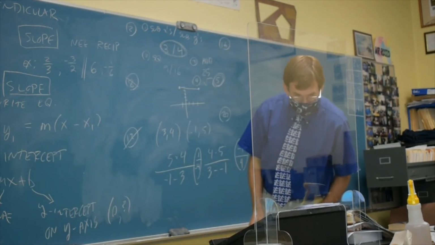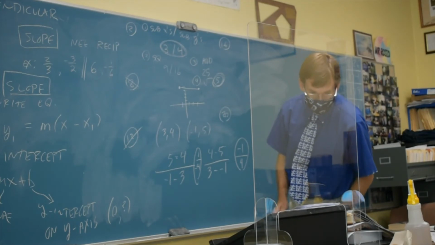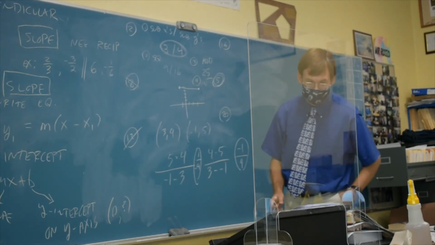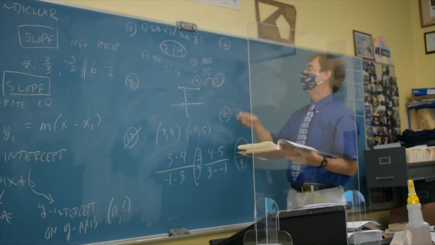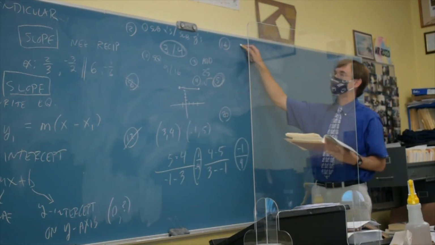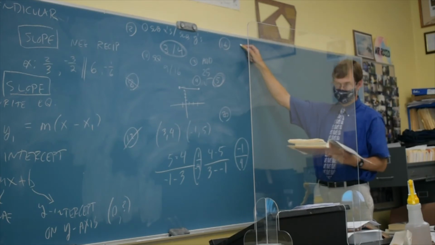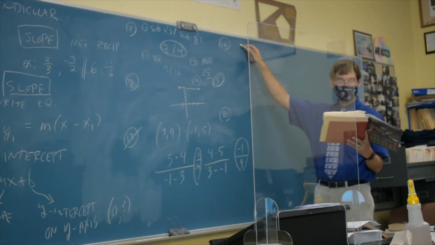So when we go to tackle 16, they say write down an equation for a vertical line. So when they say something about a vertical line, you go up and down.